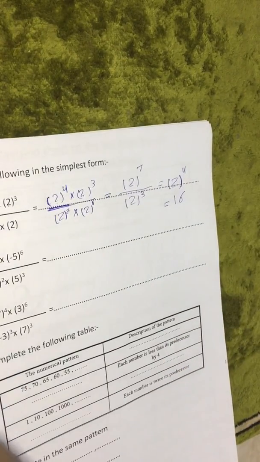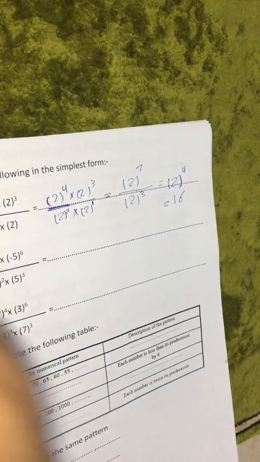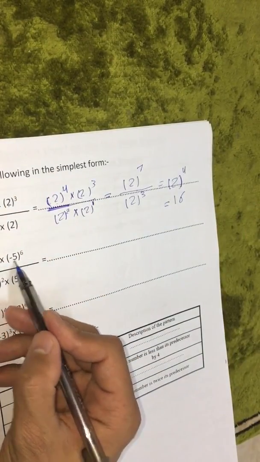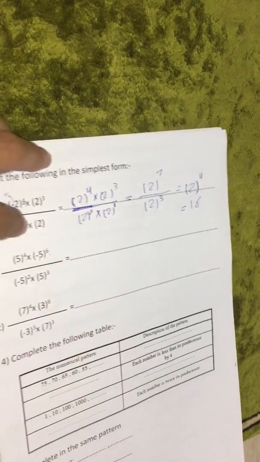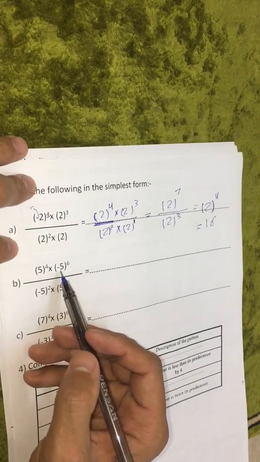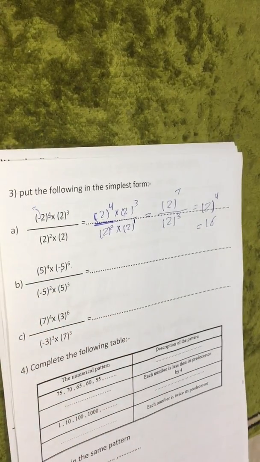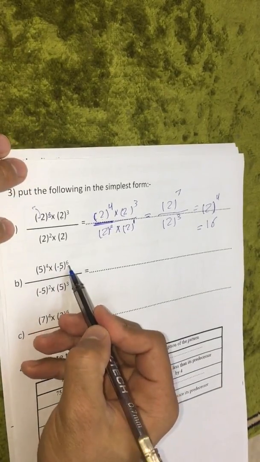Okay, next question. Yes, there is also a problem. What is the problem? Negative. Okay, that's good. There are two different bases, but they have the same number and different signs. Look at the power. Yes, that's 6.